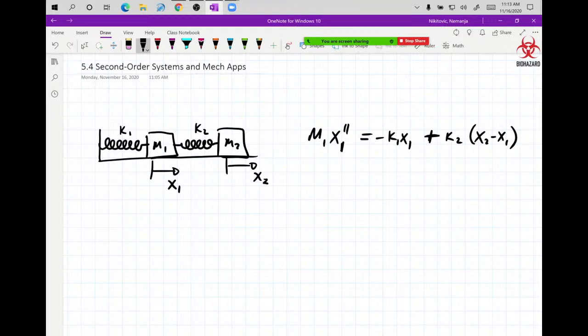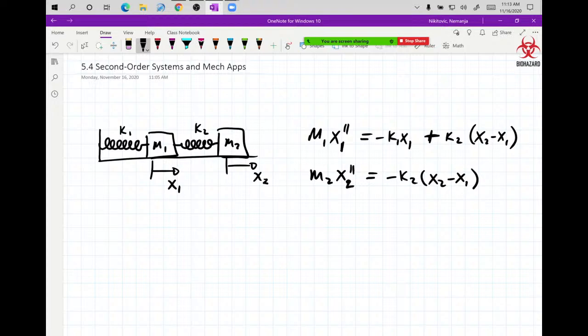And that's it. Now the M2 x2 double prime is just going to be negative K2 times (x2 minus x1). So these are the same equations that we had back in chapter 3, and we now just have to put these into a system. Again, you get these K1 and K2 as numbers.